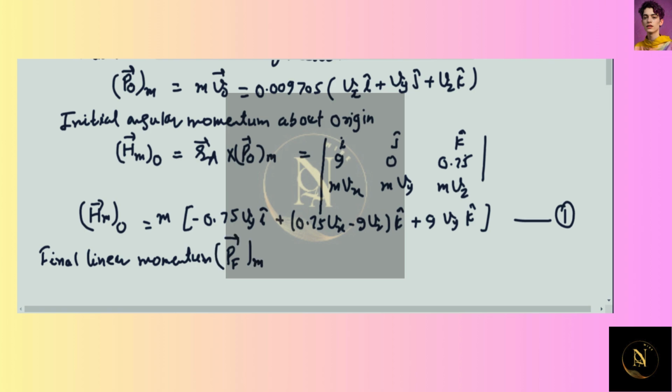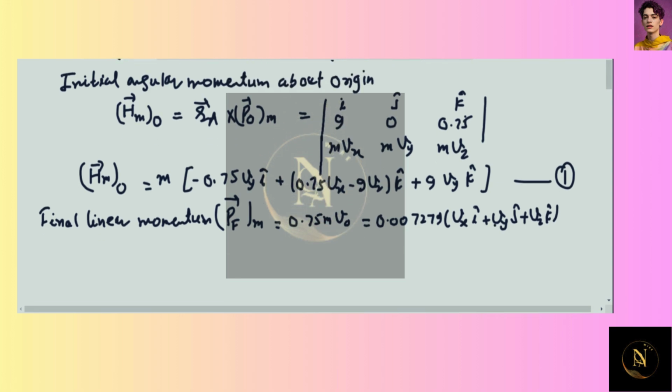Final linear momentum of the meteorite would be 0.75 of m v naught. So you can take 75% of this, and it becomes 0.007279 Vx i cap plus Vy j cap plus Vz k cap.